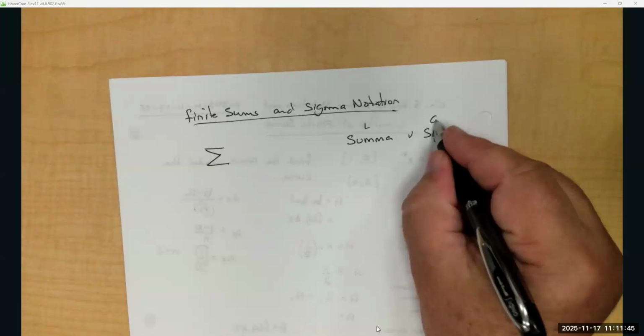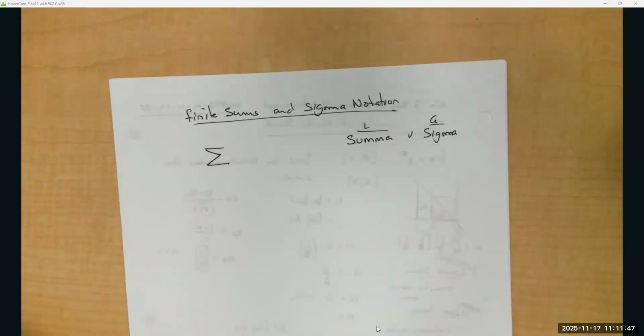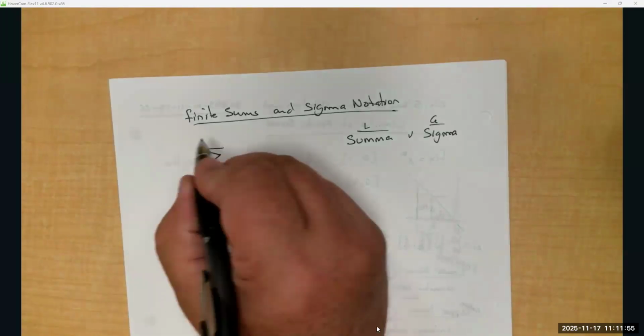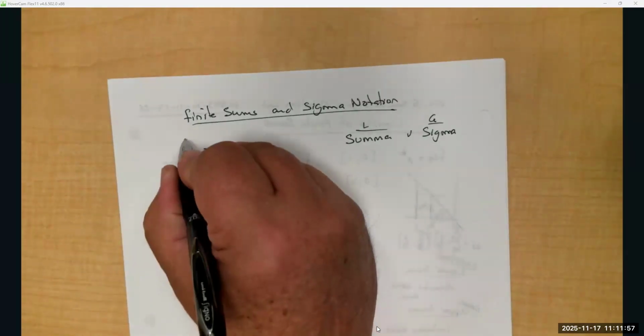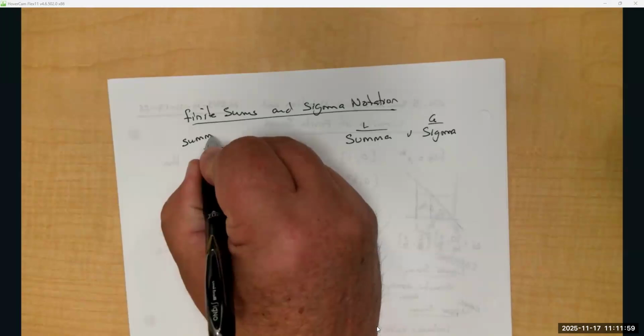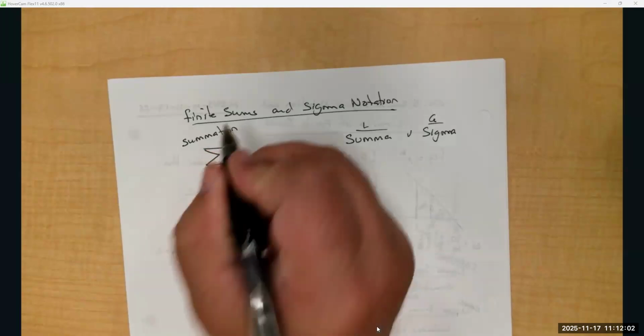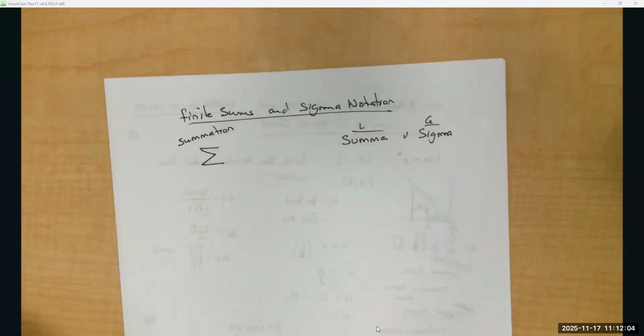It would be more precise if they used the Latin version, but they decided to use the Greek. This is the sigma notation, and the symbol represents summation.